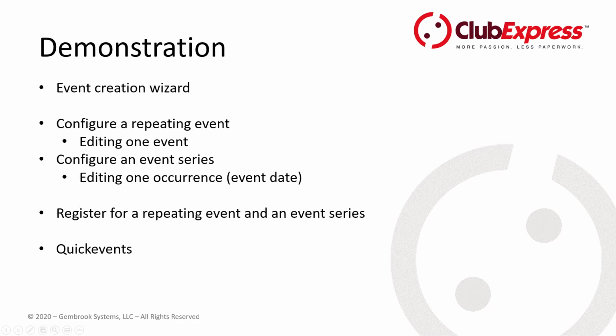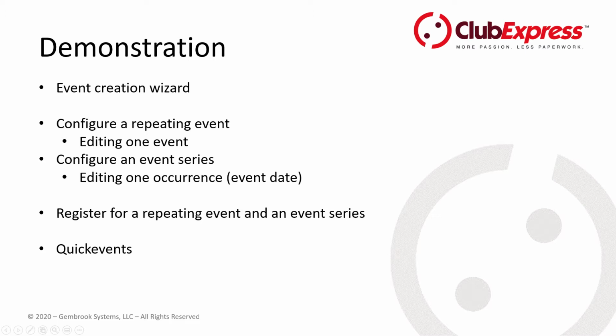So in this webinar, we're going to go through the event creation wizard. Now, many of you will have already been familiar with the event creation wizard. Many of the options that you'll see are pretty self-explanatory. They're very easy to use, but we will go through some of the more complicated points that you might come across.